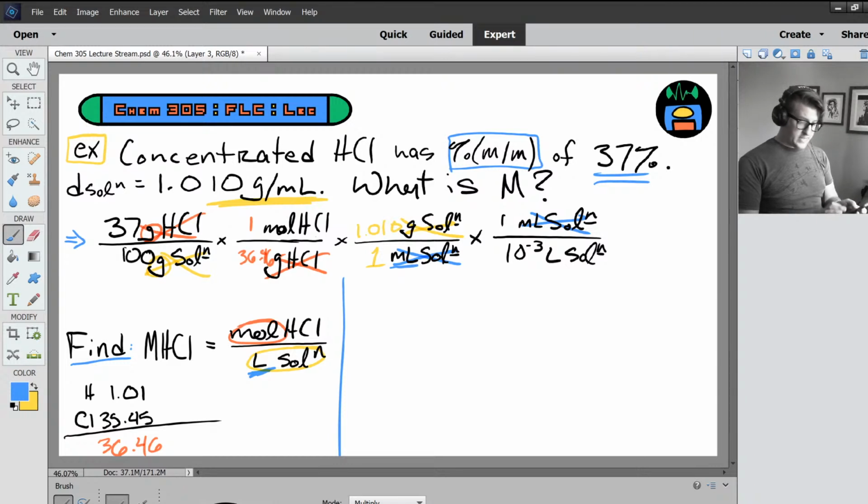We have 37 divided by 100 times 36.46 times 1.010 divided by 10 to the negative third, which is actually just times.